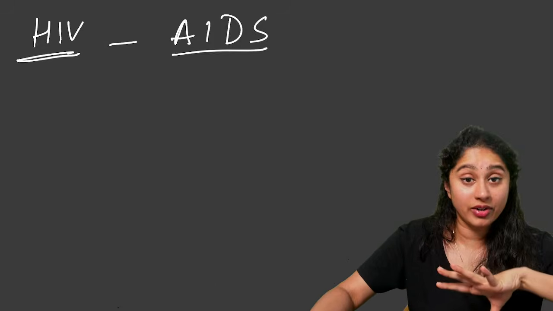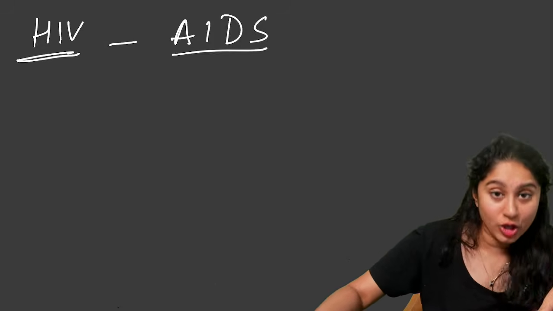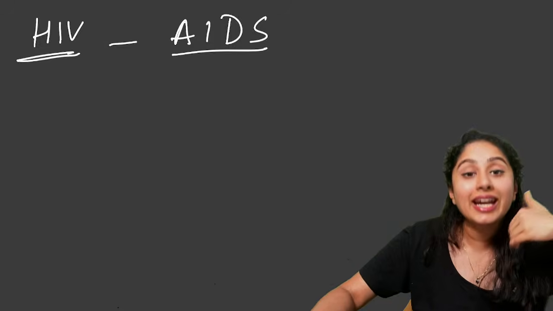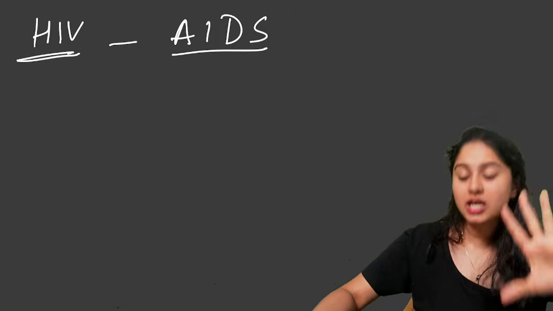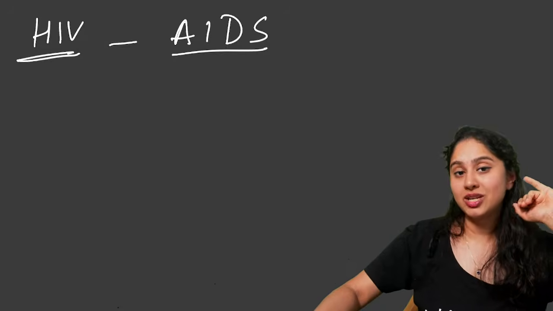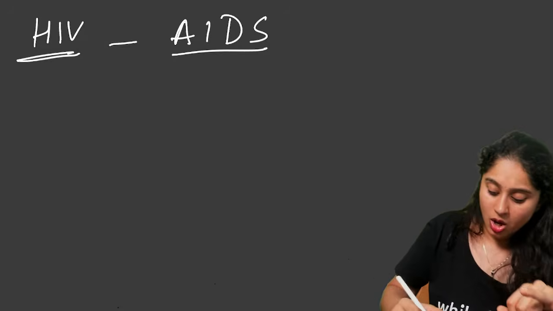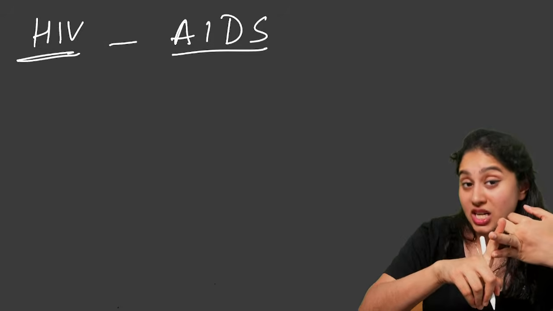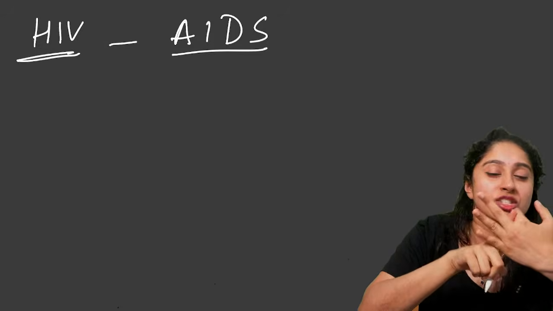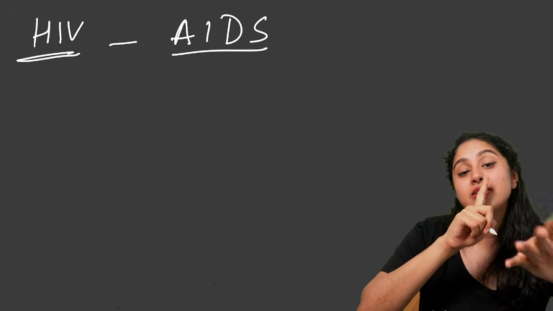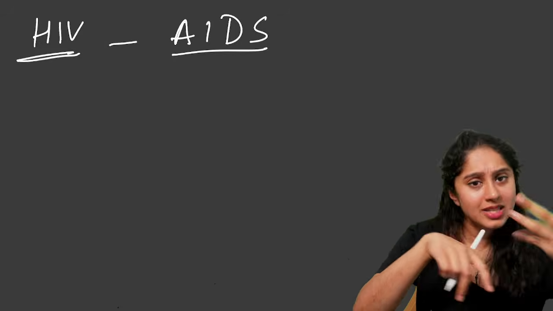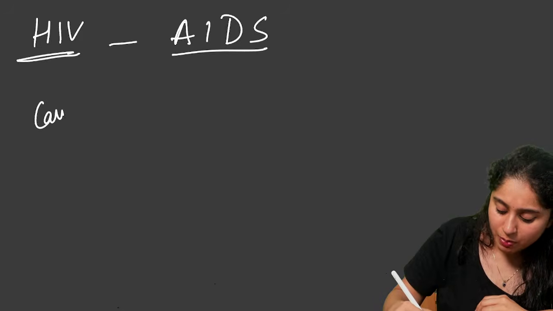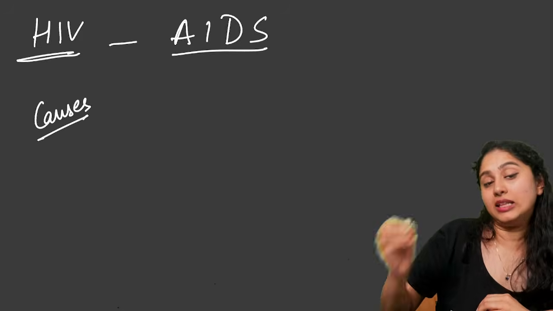So it is acquired, it cannot be genetic, it cannot be there when you are born, it is something you get because of exposure in your lifetime. Is that clear? Now this particular disease majorly spreads because of intercourse, because of blood transfusions, because of sharing needles during drug abuse, and from the mother to the fetus also if the mother is affected. So these are the popular causes of getting AIDS.